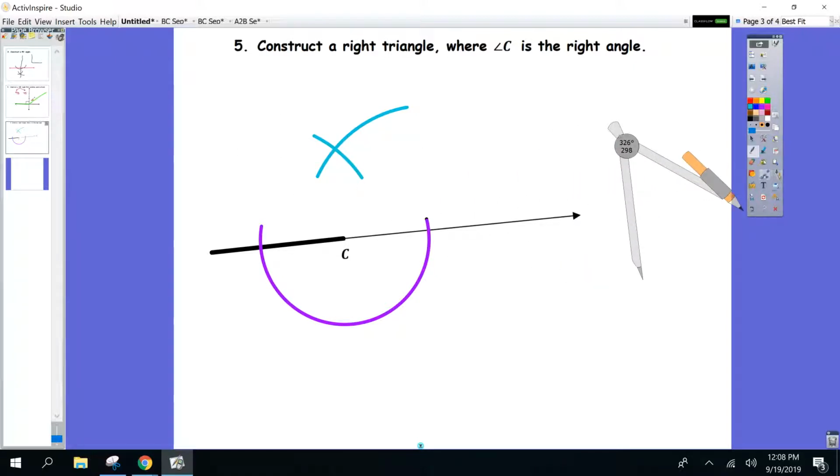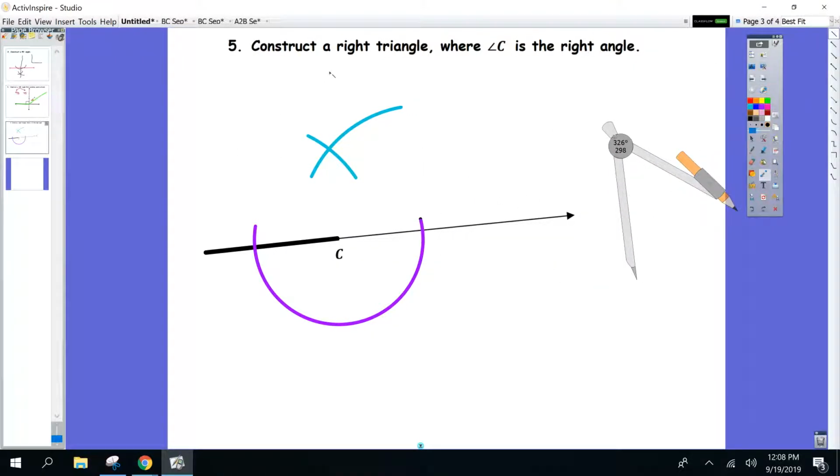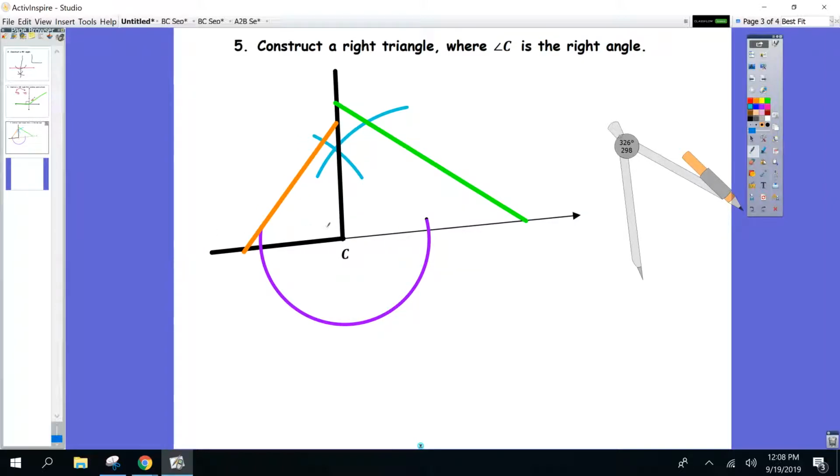And then there it is, a right angle, and then you can draw that third side anywhere you want, guys. You can draw it here. You can draw it on the other side where you extended it. Everything's a right triangle here. Okay?